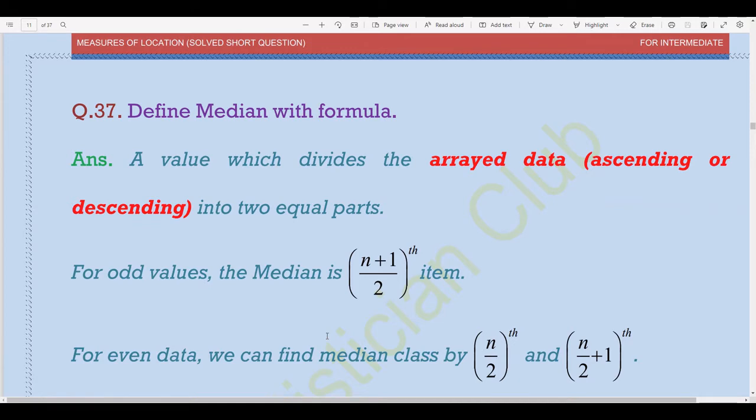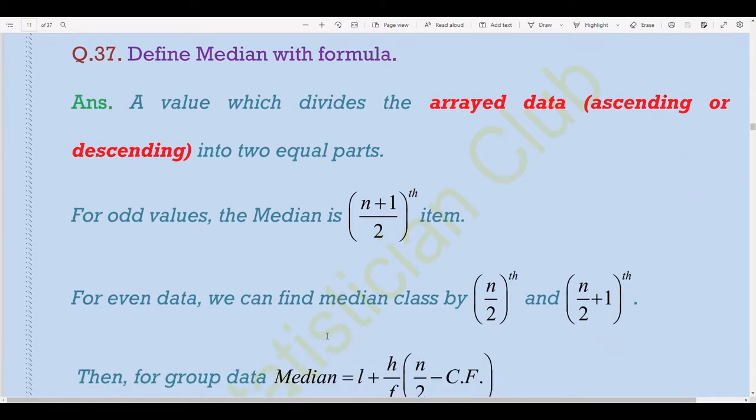Define median with formula. What is median? A value which divides the data, which is in ascending or descending form, into two equal parts. To calculate the median, first of all you arrange your data in ascending or descending form.